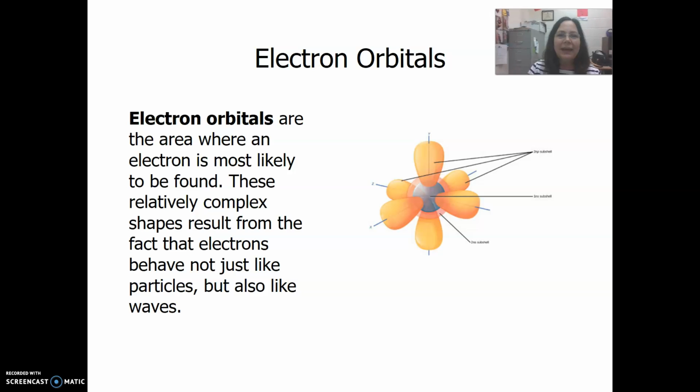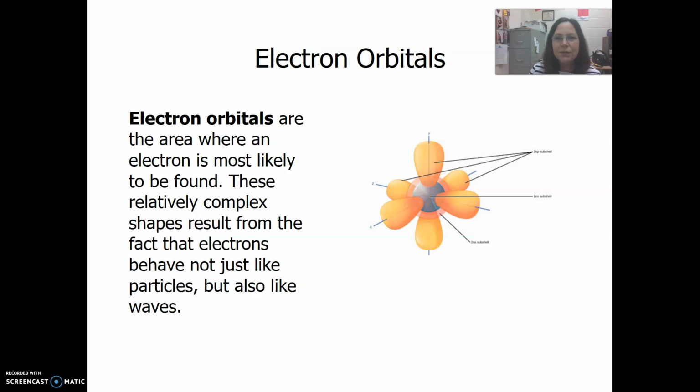Okay, now as far as electron orbitals, it's a little bit difficult to explain, but what you're seeing are regions of space, okay? You can think of the energy levels like the layers of an onion. You have the core of the onion, and then you have layer after layer after layer.